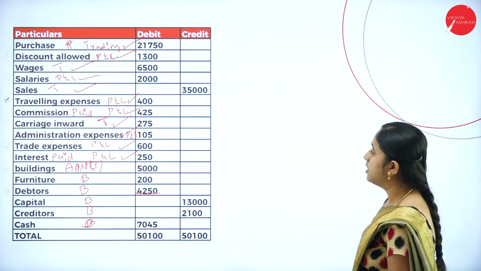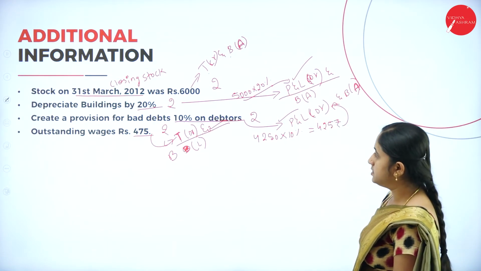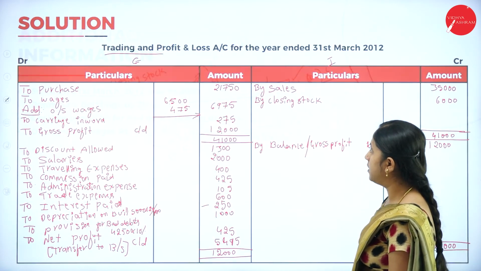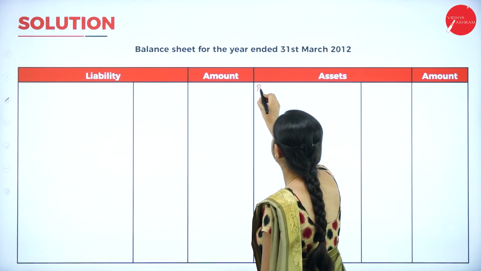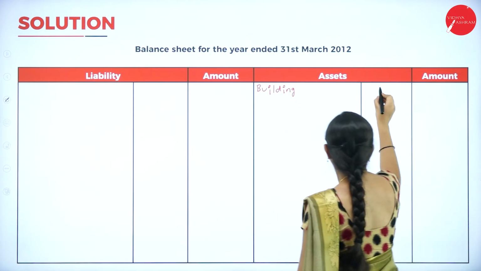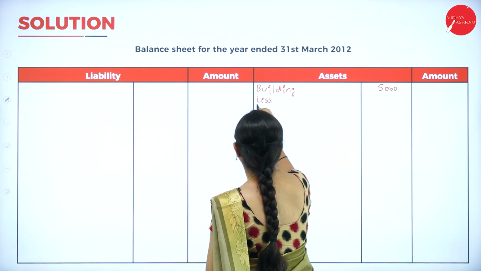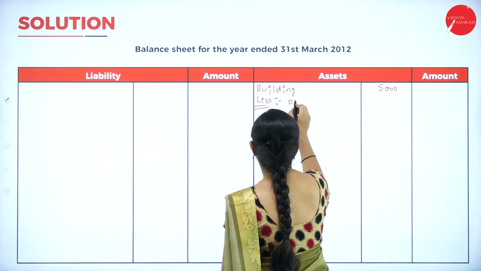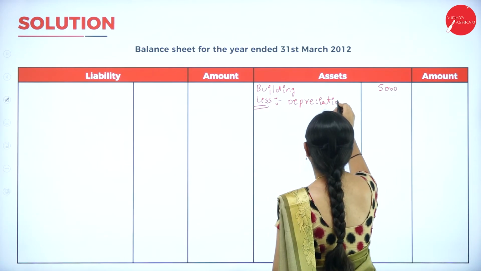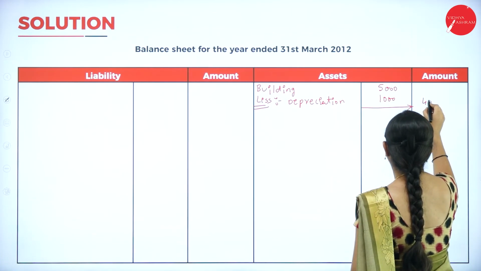So write it on the asset side, but you have an adjustment related to building, that is depreciation of 20%. The building amount 5,000 in the inner column, less depreciation 1,000, amount in the outer column 4,000.